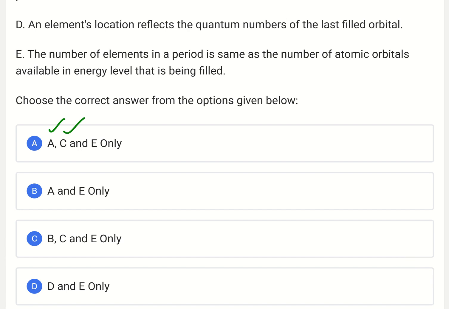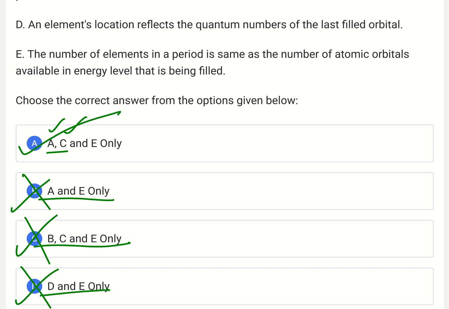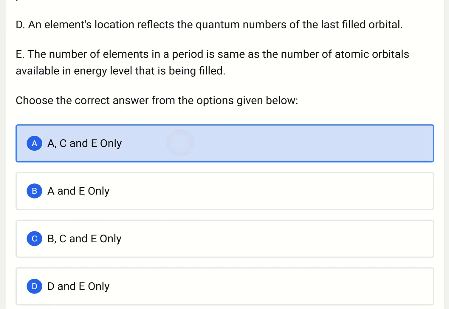I have got A, I have got C, right? These two both are true. No C, no A, no AC, means not our option, not our option, not our option. So directly here I can go with option number A. So this is the trick, kids. We have read only 3 statements and we got the answer. No need to solve anything else.